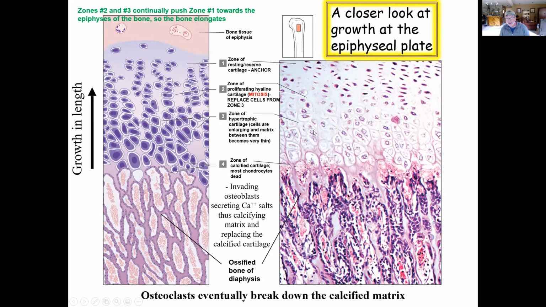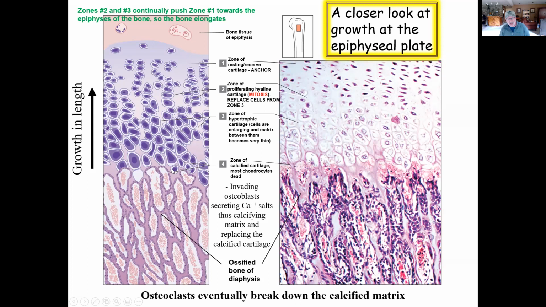We can see that these chondrocytes are getting closer together, they're getting bigger in size. The matrix region between them is thinning. There isn't much there. These lacunae are getting right next to one another, aren't they? There was quite a bit of matrix up here in zone number 2 and zone number 1. So hypertrophic means the chondrocytes are getting bigger.